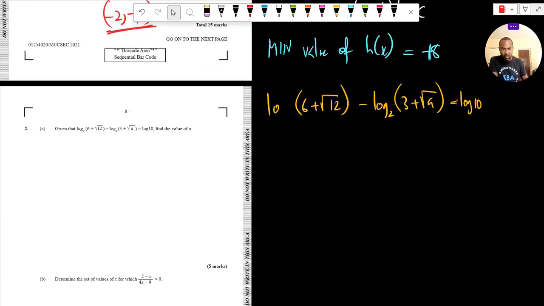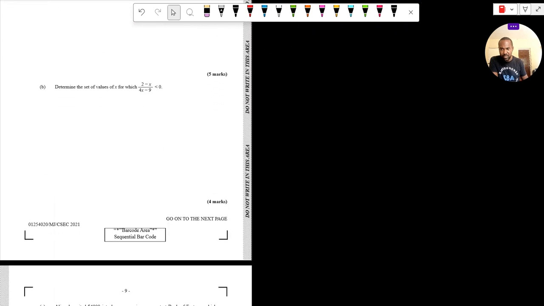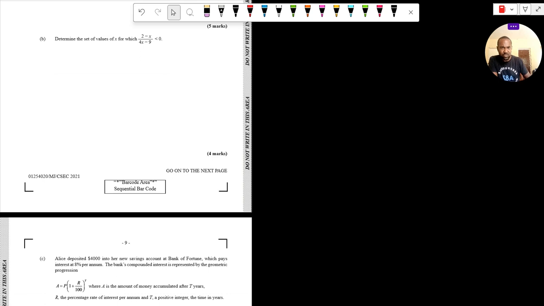Now, what does that mean, for instance? Suppose I just write a simple inequality. Suppose you have minus x is greater than 3. If I multiply both sides by minus 1, then this becomes x, and this becomes minus 3.